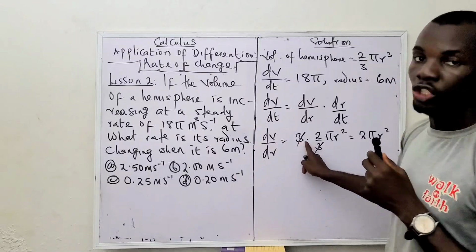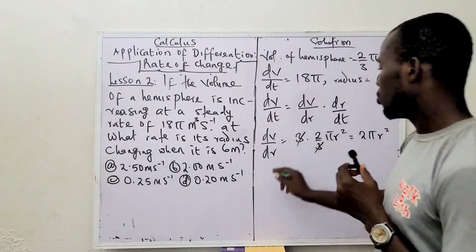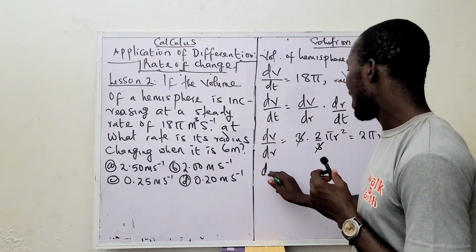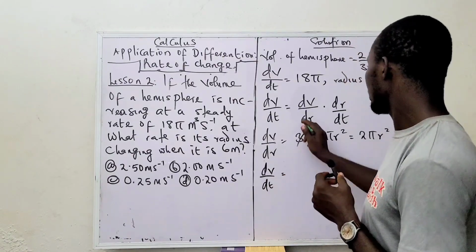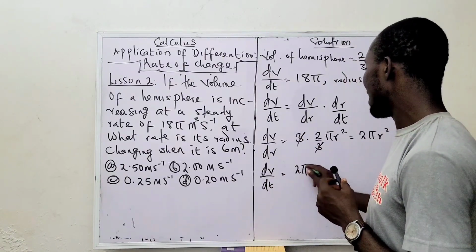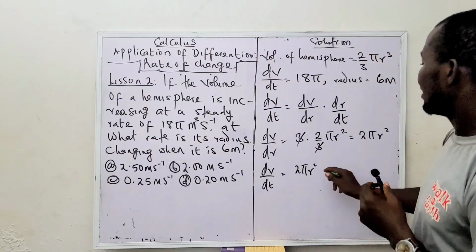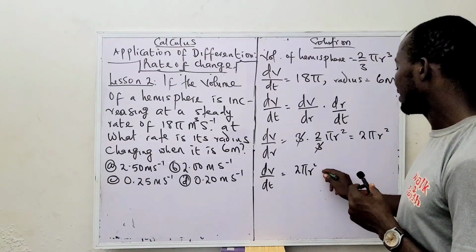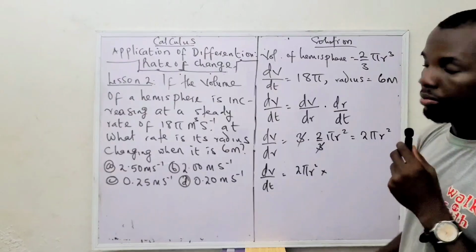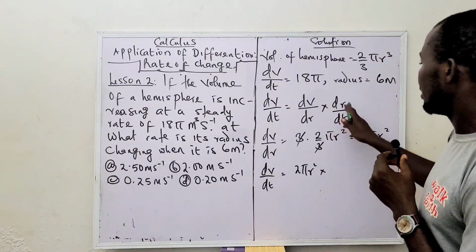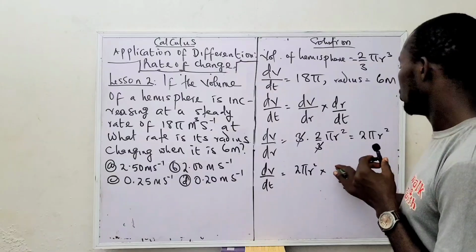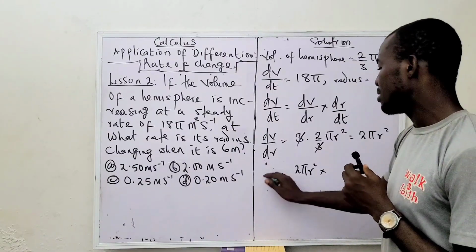Don't forget, this is just a dot product, and we can now write this as dV over dt equals 2 pi r squared, multiplied by, I can change this to times, dr over dt, which we don't know, although we know this one to be 18 pi.